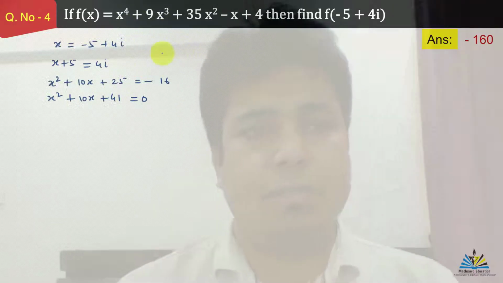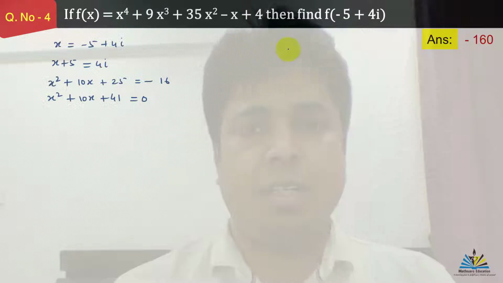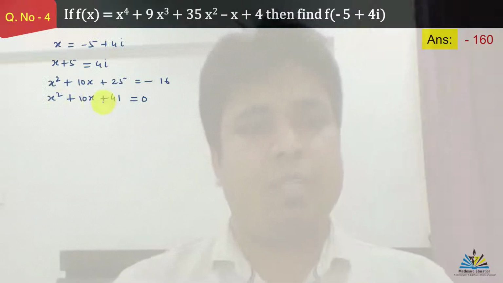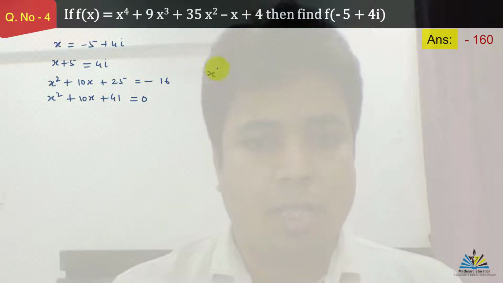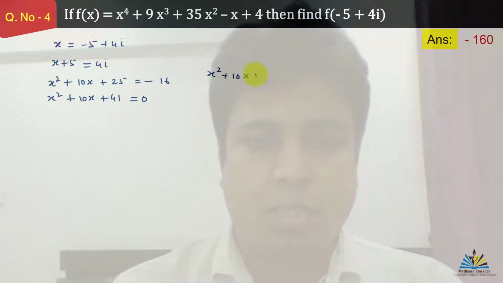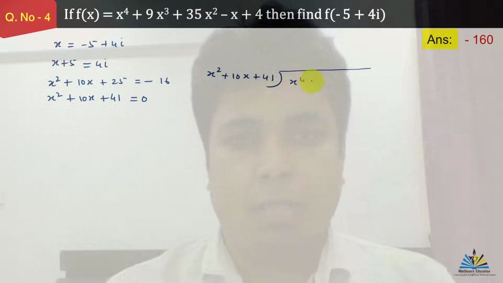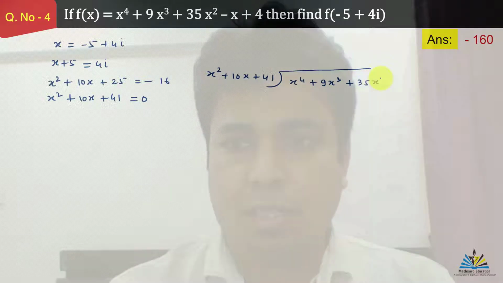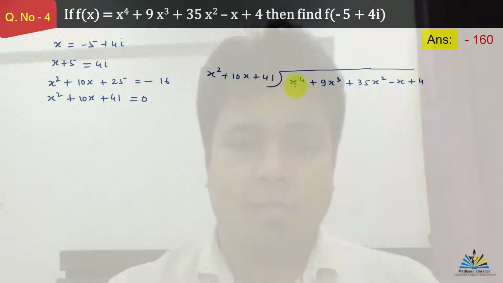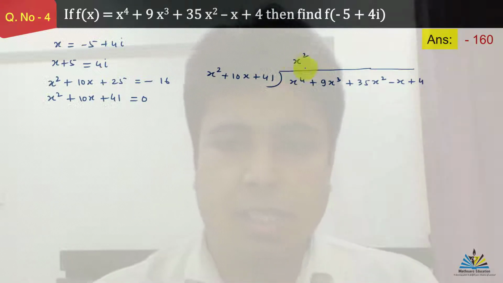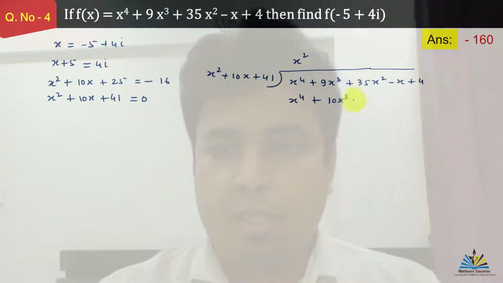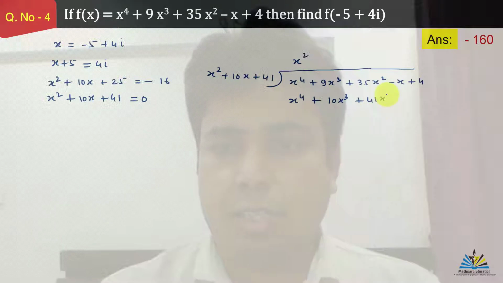So we will just divide this expression by x square plus 10x plus 41. So x square plus 10x plus 41 divides x to the power 4 plus 9x cube plus 35x square minus x plus 4. If we divide by x square, then we will get x to the power 4 plus 10x cube plus 41x square.